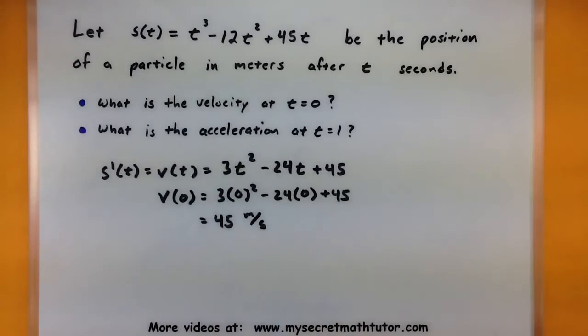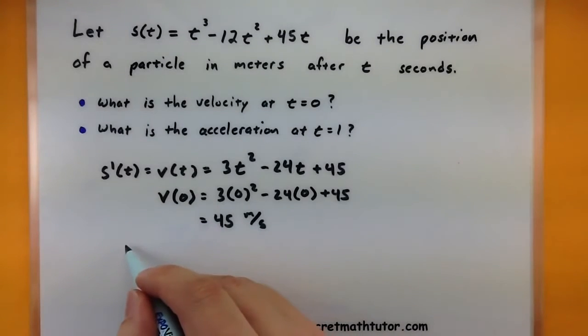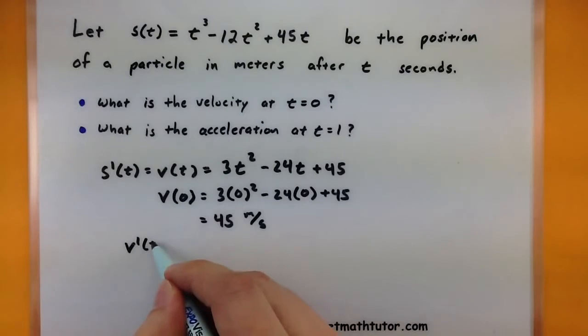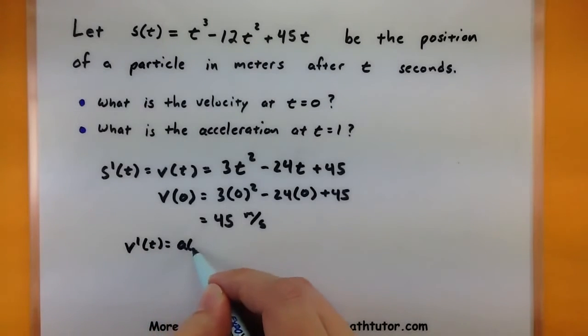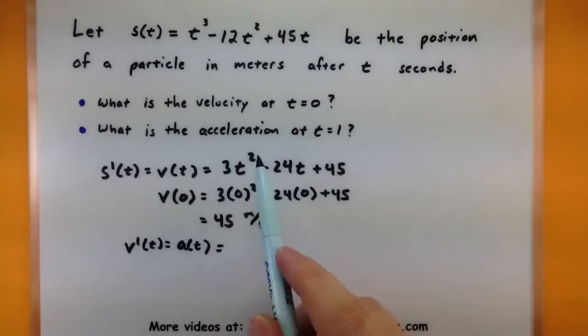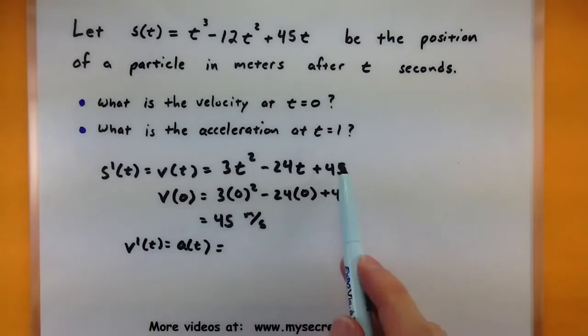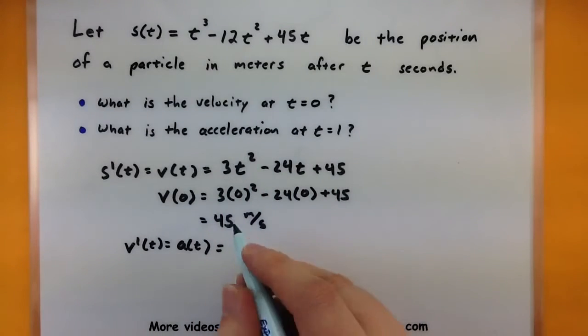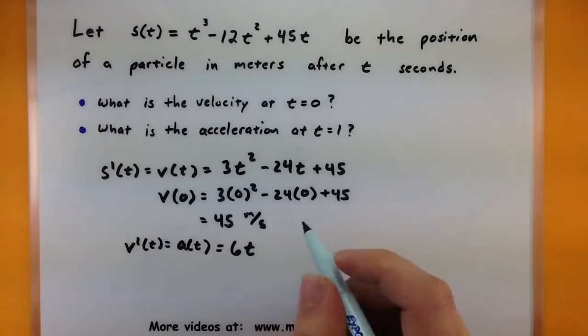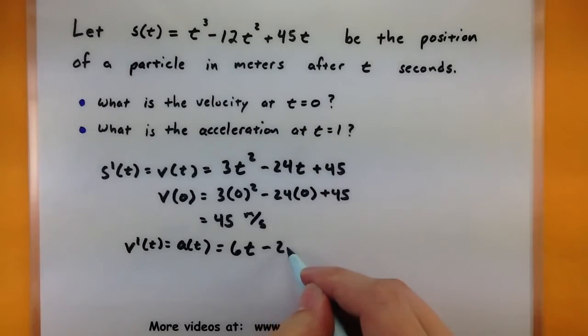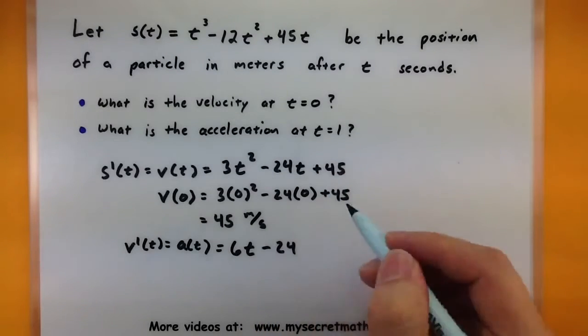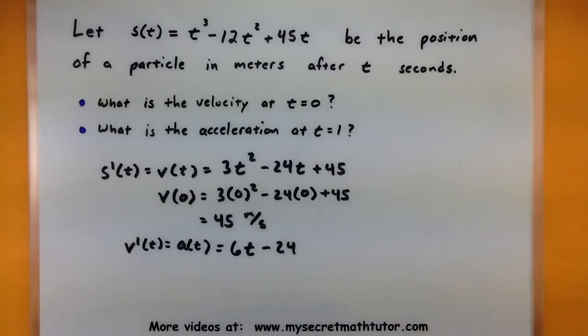All right. Now, the second one, we want to know what its acceleration is. That's two derivatives of the position, or one derivative of our velocity. So let's see, velocity's derivative. We'll mark this as acceleration. I'm looking at this function right here to take its derivative. So let's bring down that power. Minus 24. Derivative of a constant would be 0. So now I have my acceleration.